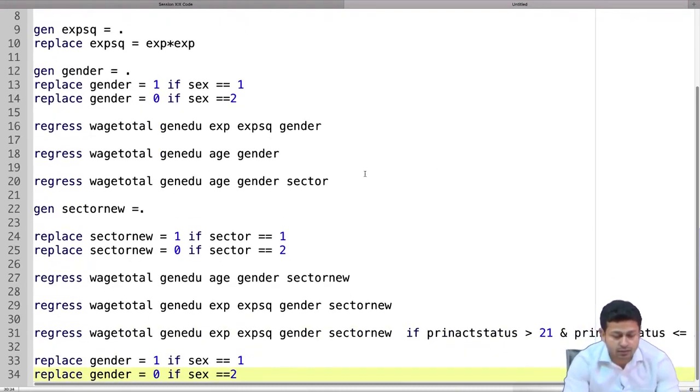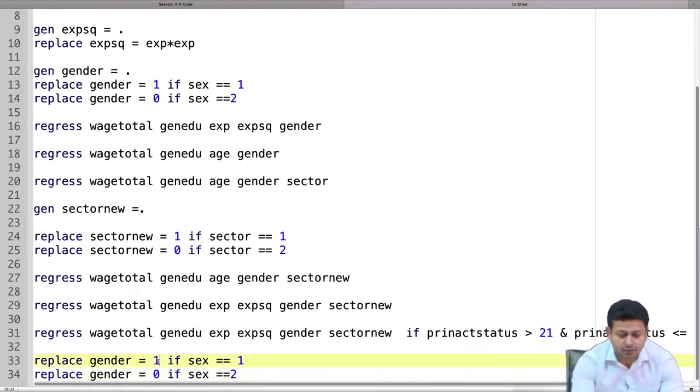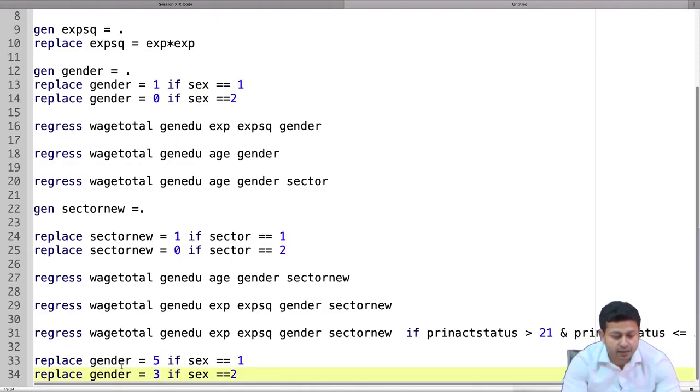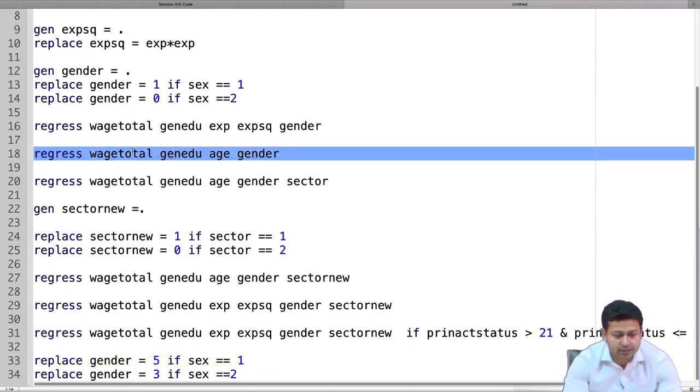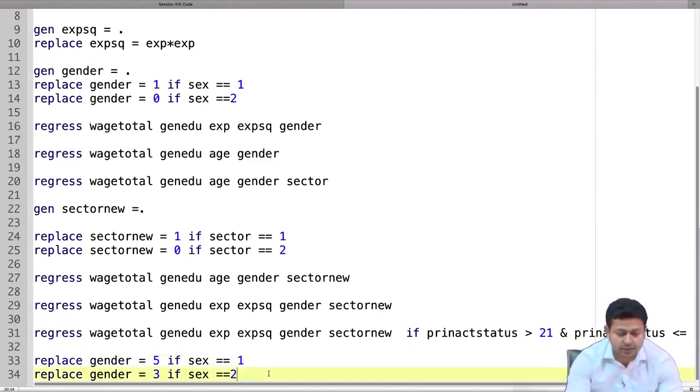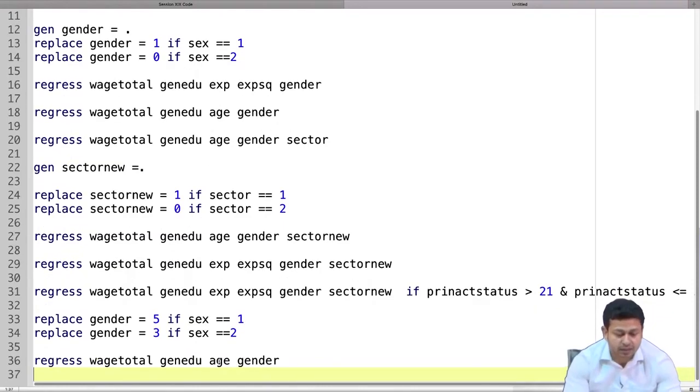Let's say if someone is male, I'm going to write it as 5, and if someone is female, I'm going to write it as 3. I will run the same regression equation, but I have changed the values of the dummy variables. So I'll try to explain what will happen.